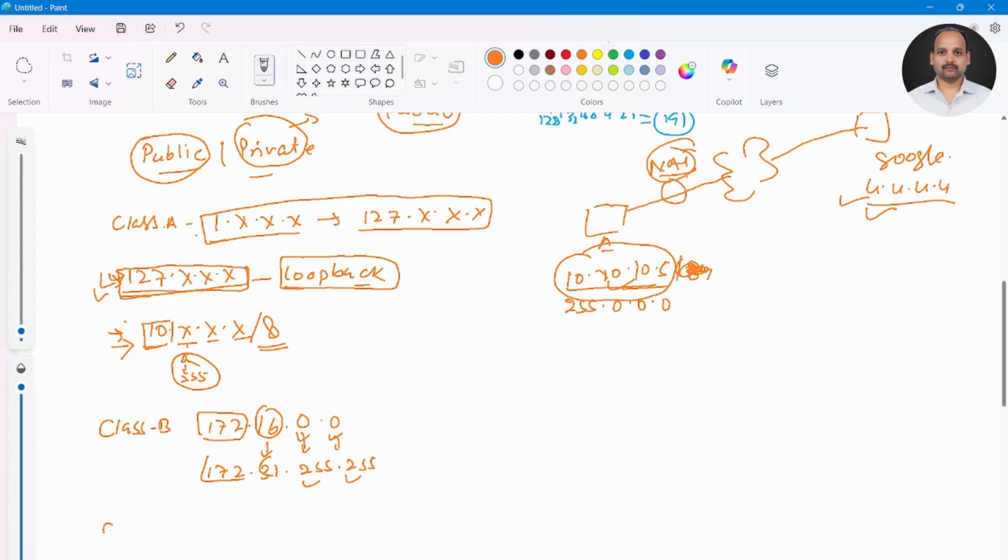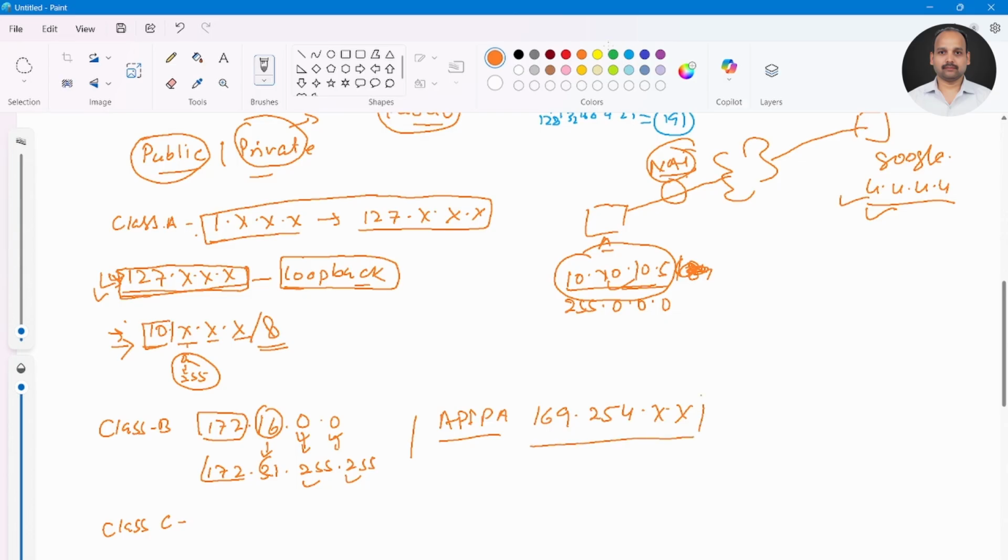And from class B, one more range is excluded, called the link address, or some people call it APIPA, automatic private internet protocol addressing, and that is 169.254.x.x.